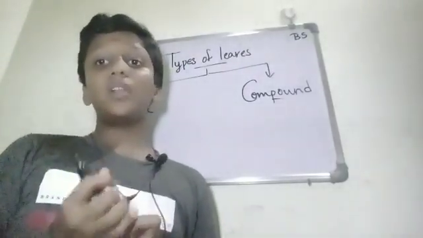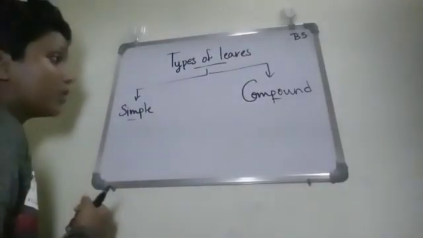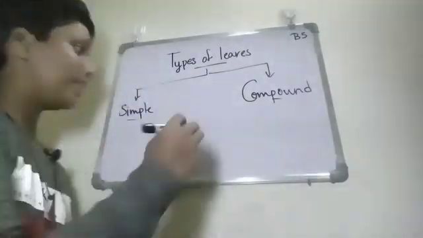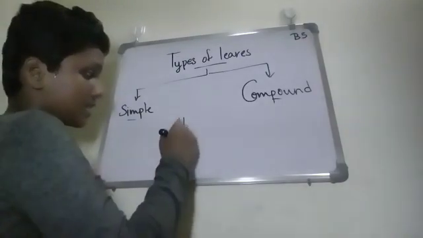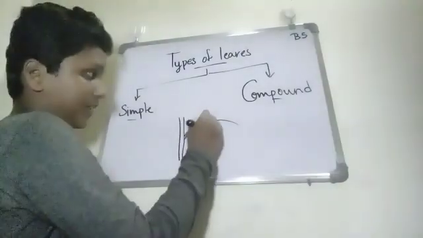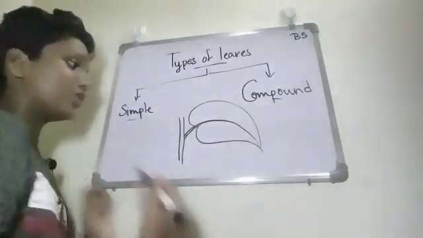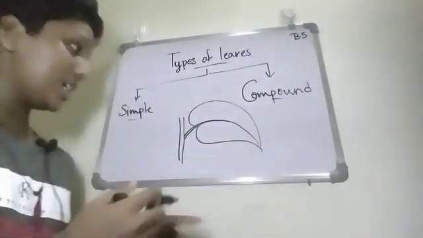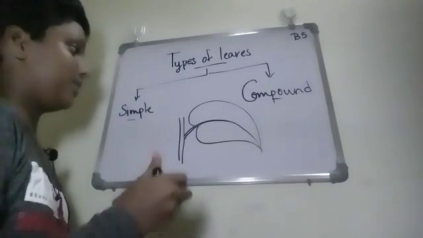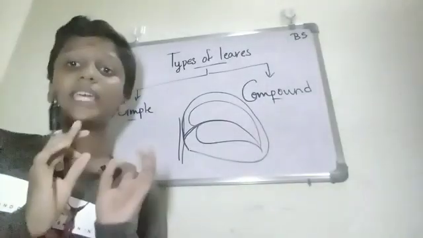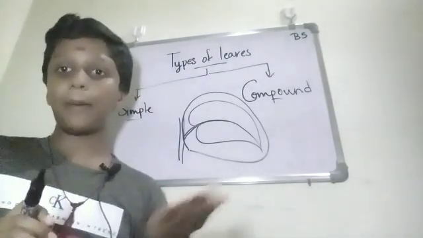Now let us look into the types of leaves. First of all, we have the simple leaf. It is just this normal leaf that we usually draw, which is just a single leaf. Here the lamina, you know the lamina, right?